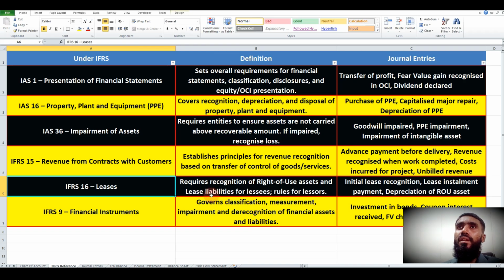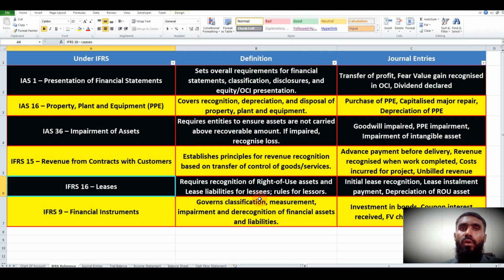IFRS 16, leases, requires recognition of right of use assets and lease liabilities for leases. Rules for lessors. Who are the lessors? Leases, right of use assets.